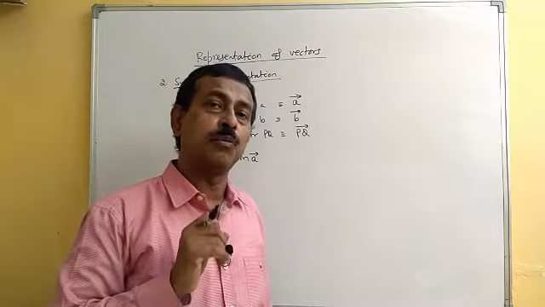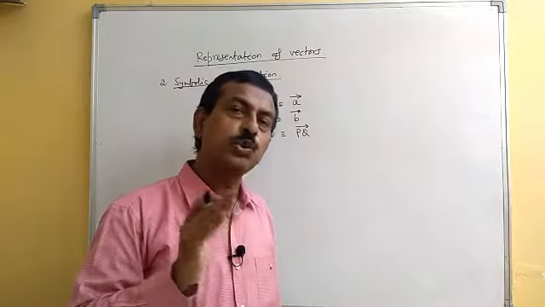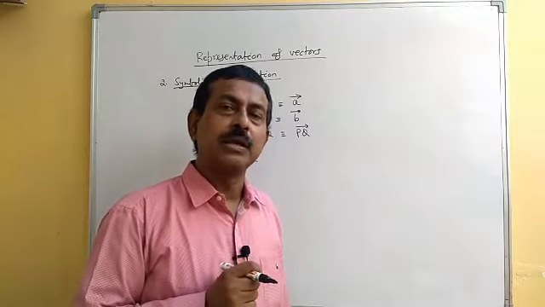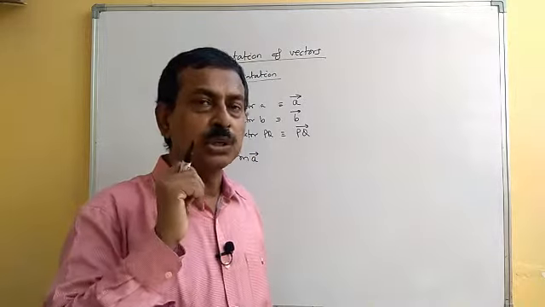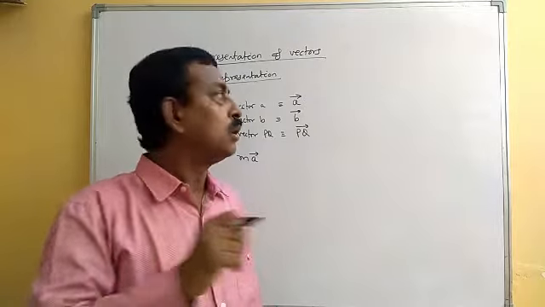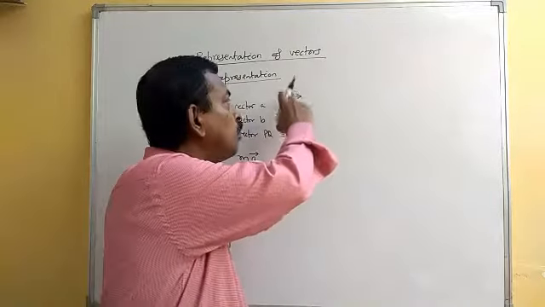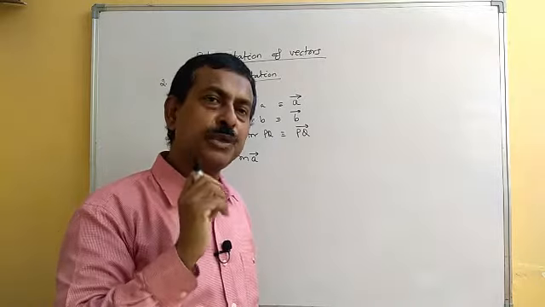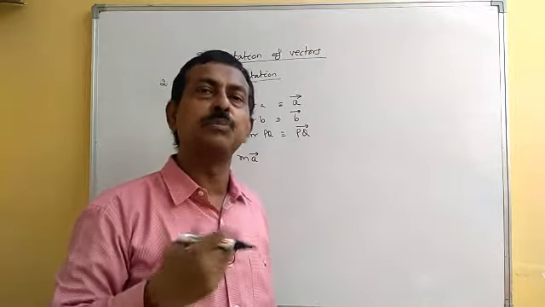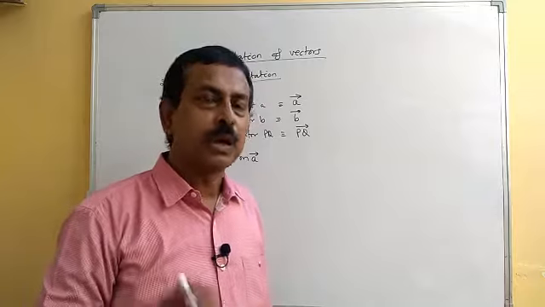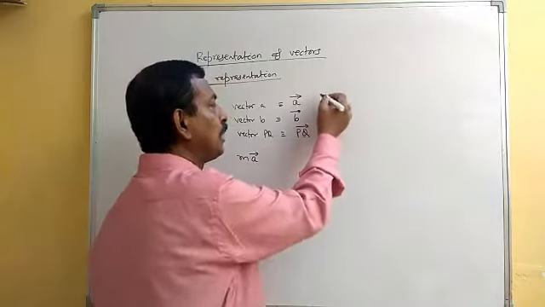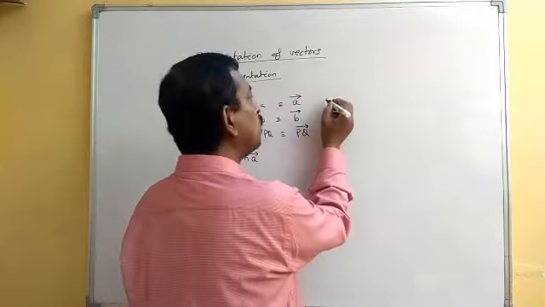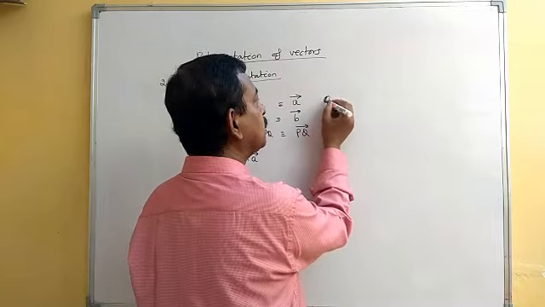And one more thing: if you go through old edition books or books by foreign authors, they used to represent vectors not by a symbol with an arrow over it, but with dark faced letters or bold letters. What does it mean? You'll find that vector A, which we have written like this, will be written with a dark faced letter or bold letter.